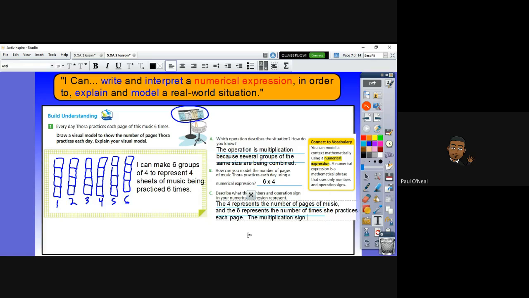The multiplication sign represents the combining of 6 groups of 4. And that, ladies and gentlemen, is your full description of what you need to have regarding this particular question.